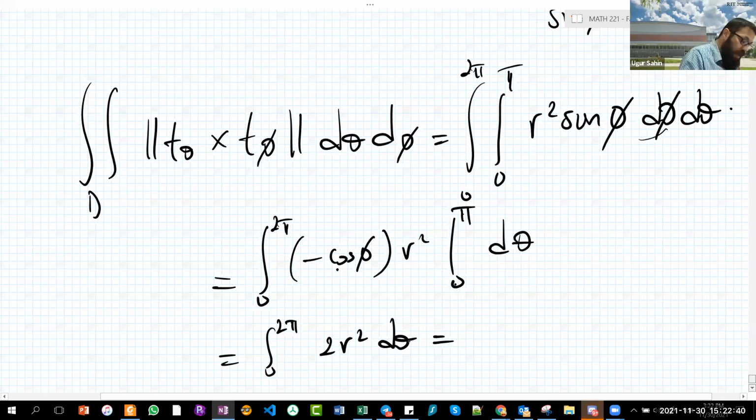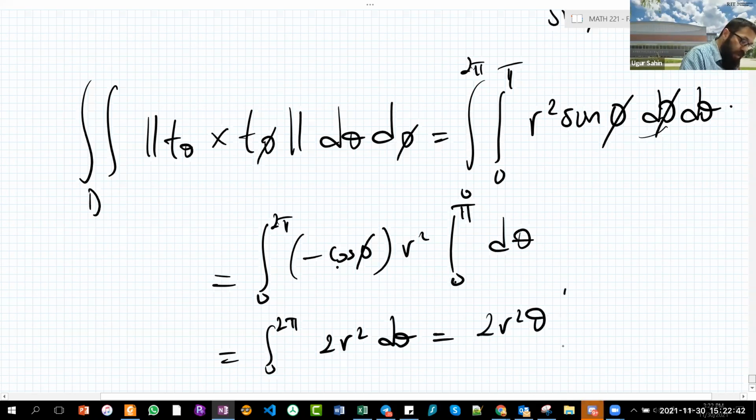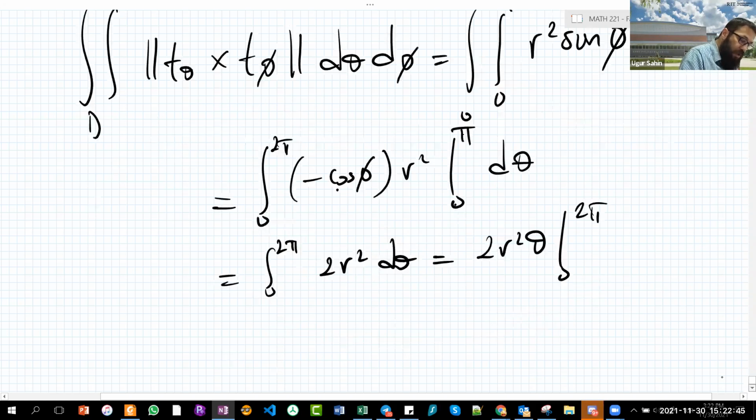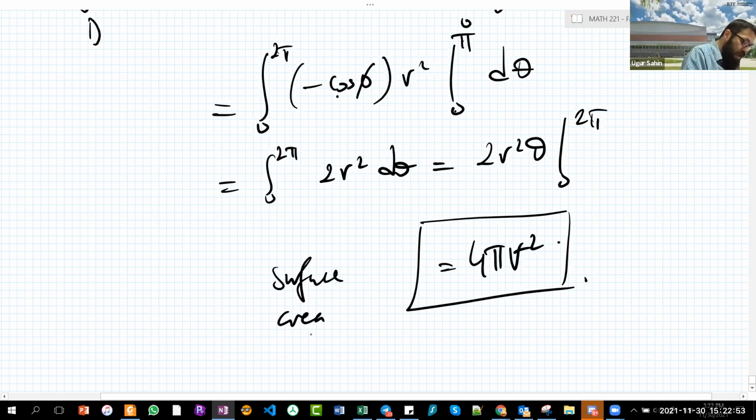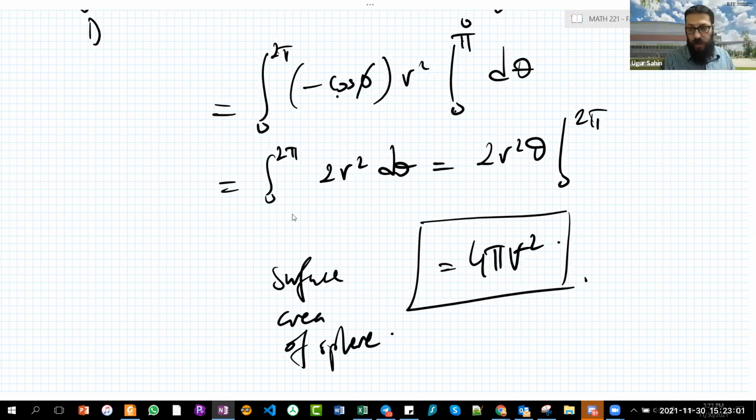Then if I take another integral, 2r squared theta from 0 to 2 pi, guys, it is going to give me, look at that, 4 pi r squared at the end of the day, right? That's the surface area of the sphere. As you see, I proved the sphere surface area formula using the formula I derived. Actually, I derived the formula and then I used that formula to show the surface area of the sphere. All right.